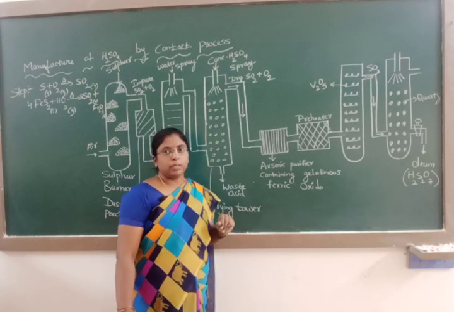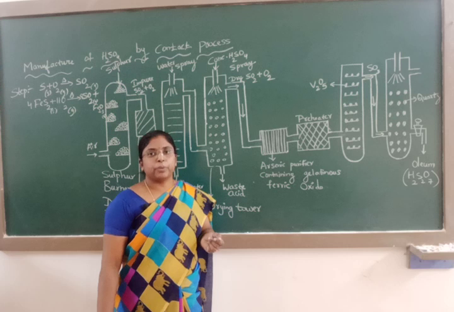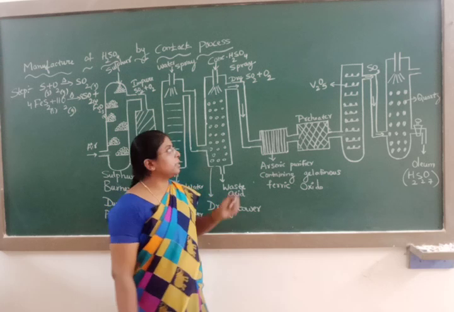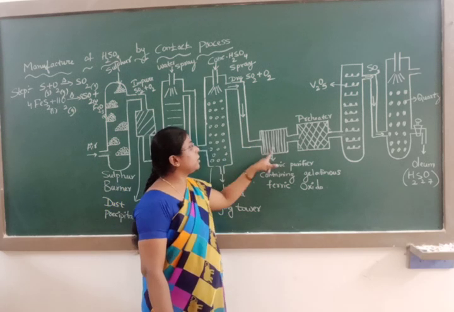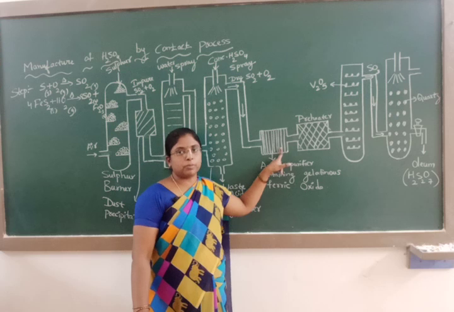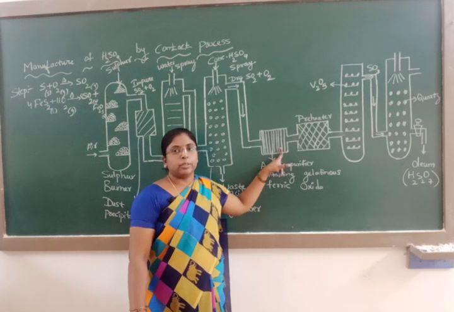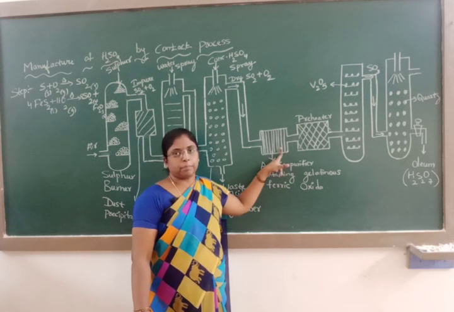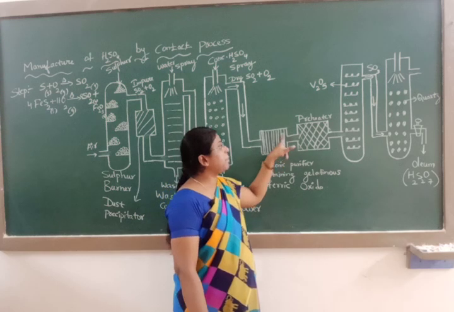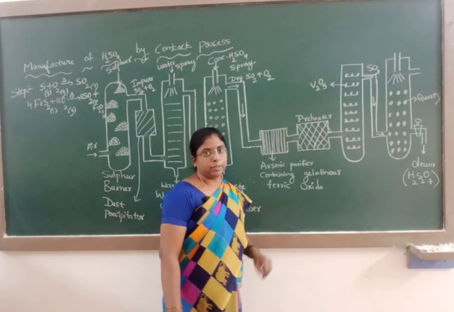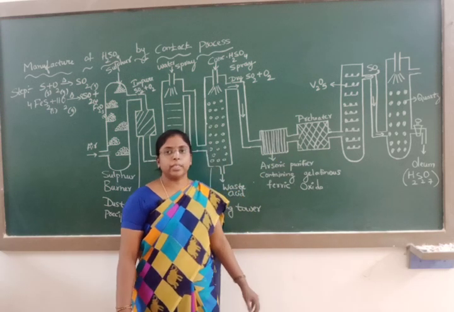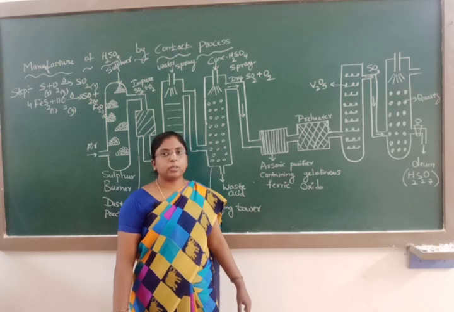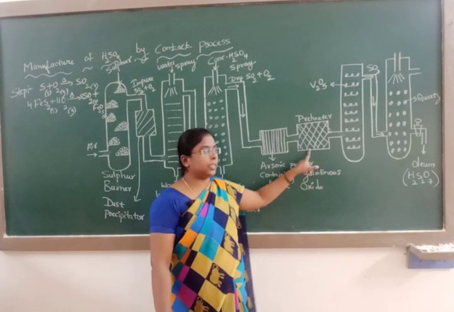It removes any arsenic impurities if they are present. The dry sulfur dioxide and oxygen coming out of the arsenic purifier are free of arsenic particles. They pass through a preheater, where the gases are heated to a temperature of 720 Kelvin.